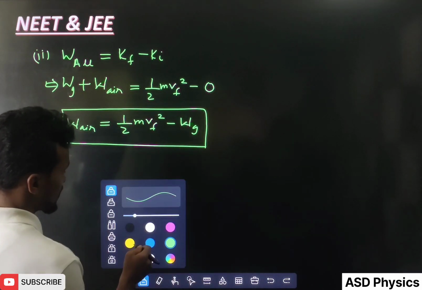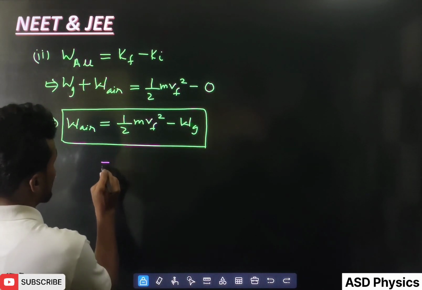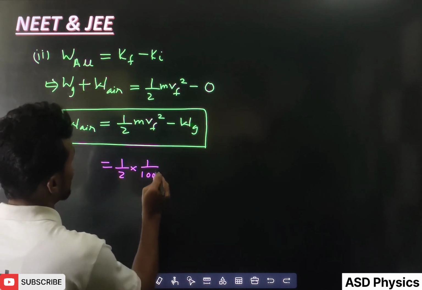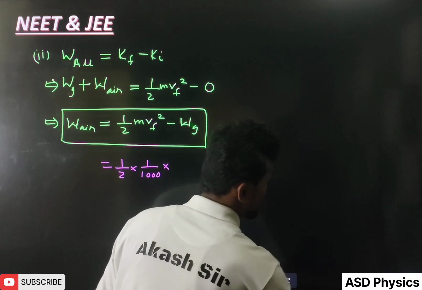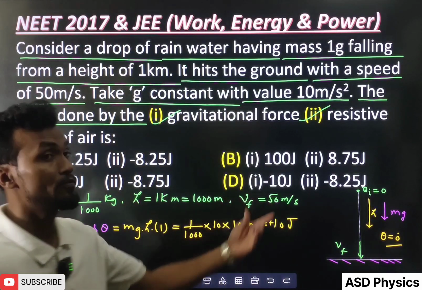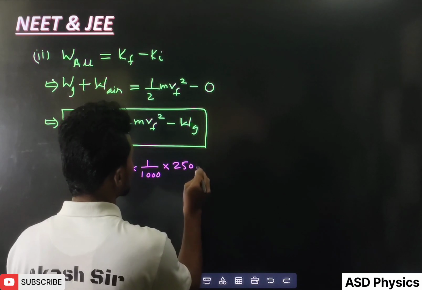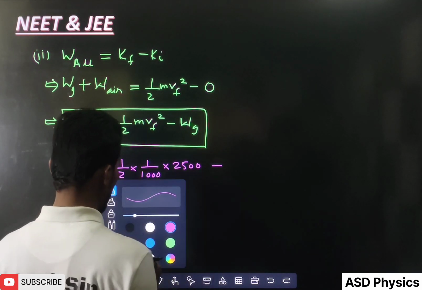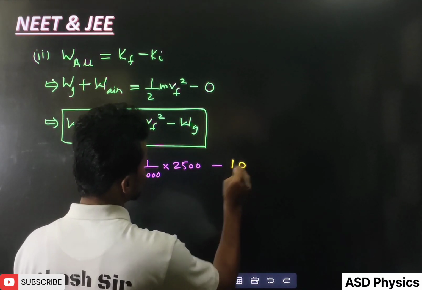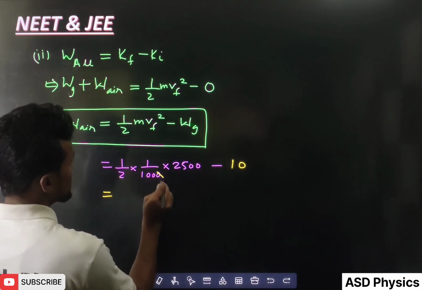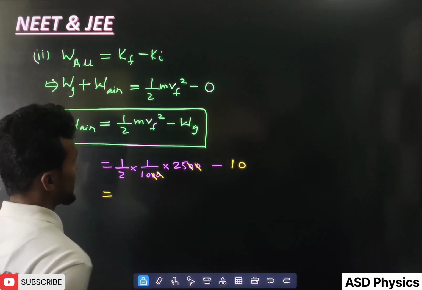Now, what will we do? We'll just put in the values. See here, half mass: 1 gram, so 1 by 1000. And the speed is given as 50 meter per second. So 50 square means 2500, minus the work done by the gravitational force, which was 10 joule, we have calculated. What will happen here? These zeros cancel.